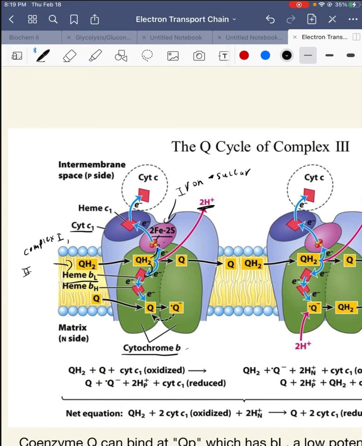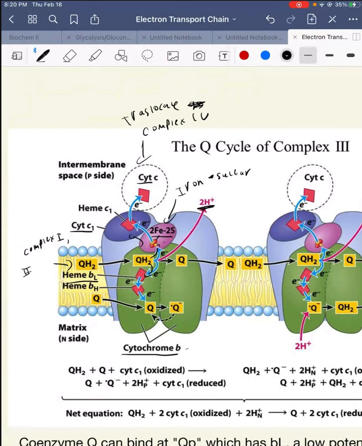They give that to cytochrome C1, and cytochrome C1 has a heme C1 in there that accepts the electrons, and then cytochrome C1 gives 1 electron to cytochrome C. So we want 1 electron to iron sulfur, then cytochrome C1, and then cytochrome C. And then cytochrome C can translocate, and then goes into complex 4.